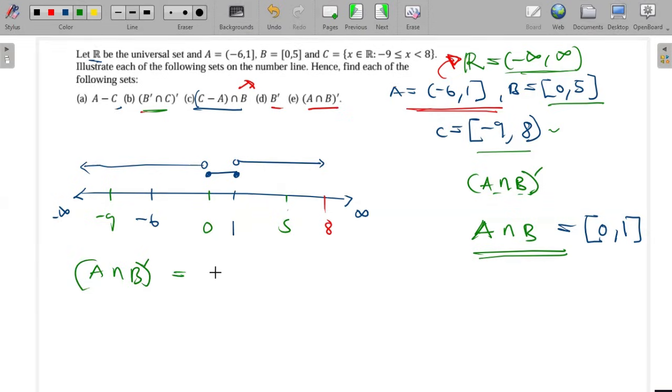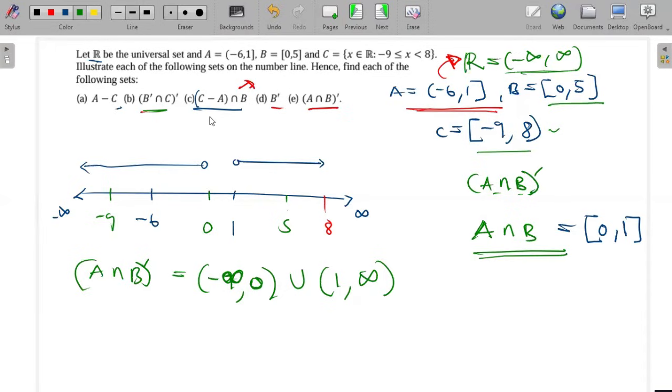This is equal to negative infinity to 0, open, then union 1 all the way to positive infinity, like that. If you sketch it separately, it's just not going to have this part. It will be 0 going this way, 1 going that way, and then the union there. So you're bringing these two sets together, that part and that part.